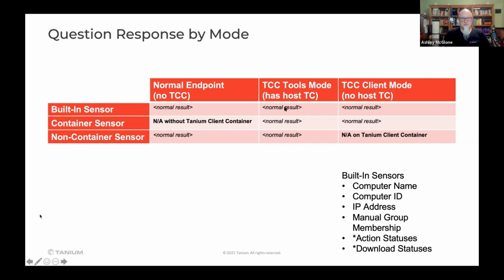So if I ask something like get computer name, is that a container sensor? That is not a container sensor. So all of the container sensors exist in the containers content set when you import them. And so if you go look at your sensors page, you'd be able to see which ones are within that content set. Right. So it just kind of makes sense that some things are not going to have container data.